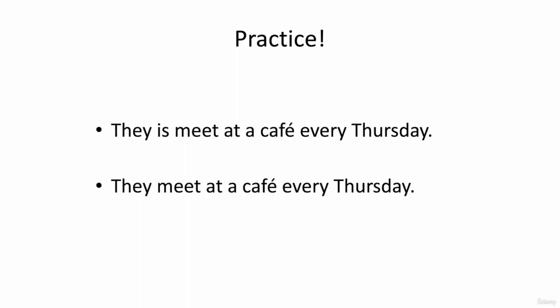They is meet at a cafe every Thursday. They meet at a cafe every Thursday. The second sentence is correct. In the first sentence, we have the auxiliary verb is, which we do not need when speaking in the present simple.